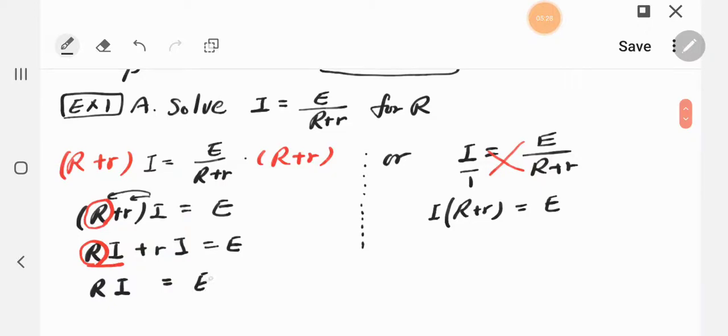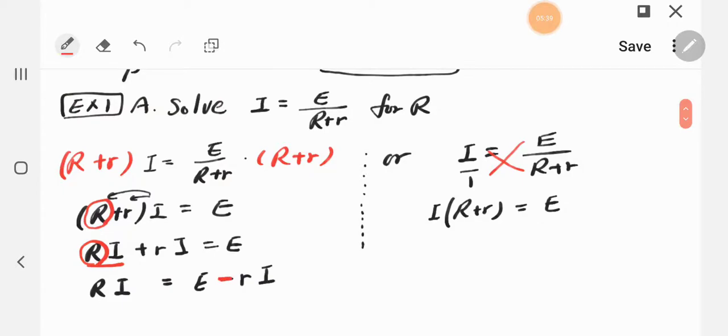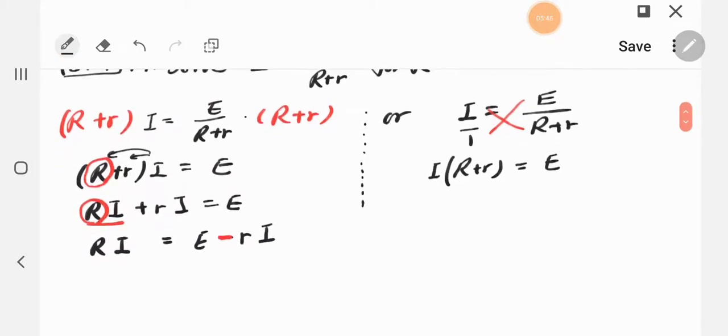Then move ri to the right, and you change the sign. When you move a term to the other side, make sure you change the sign. Since this was positive, this becomes minus.